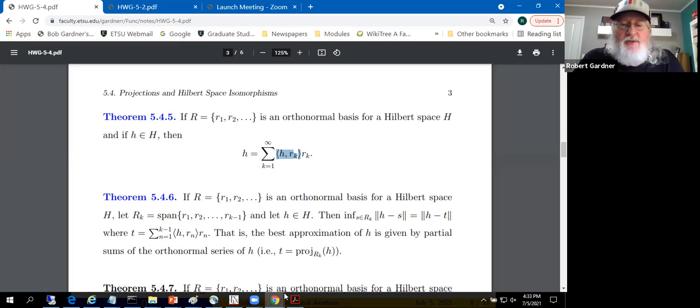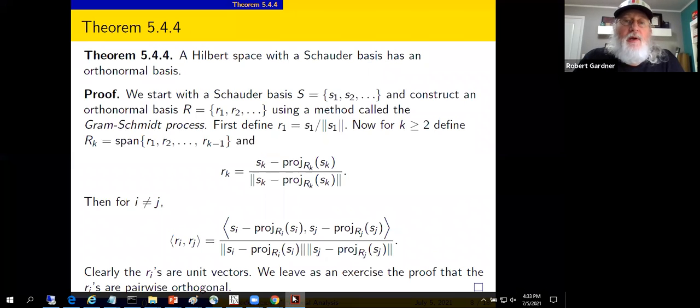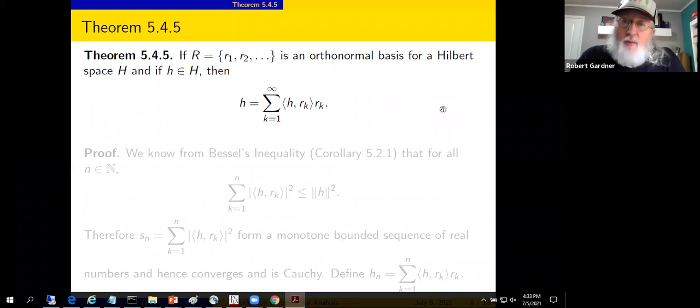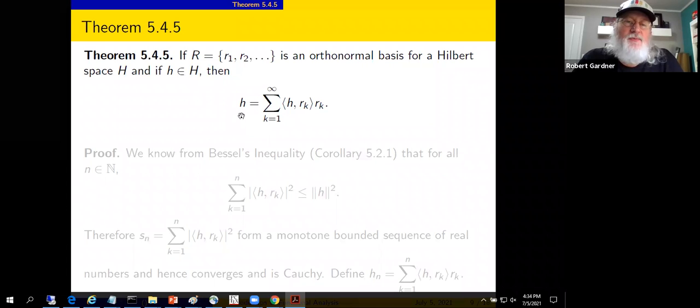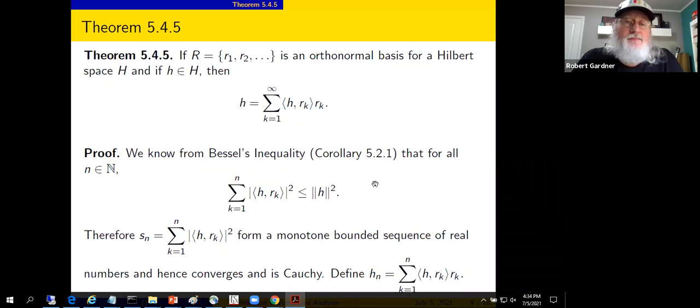Let's look at Theorem 5.4.5. And the claim is, this is what we get for the representation with respect to this orthonormal basis for vector h. First, Bessel's inequality. Let's run back and look at Bessel's inequality.